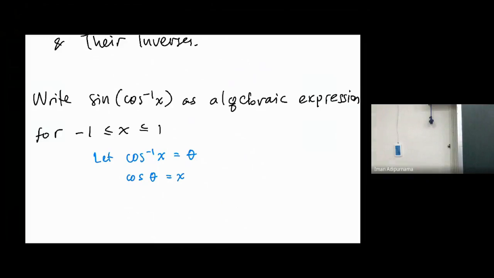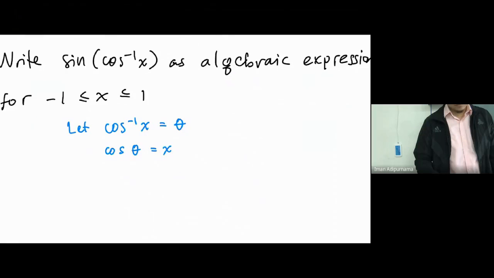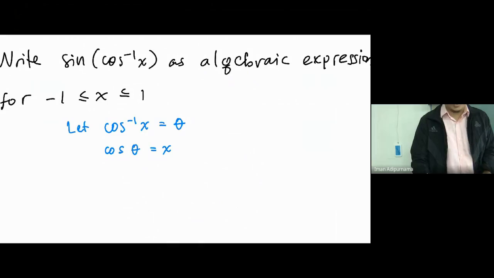That's the implication of the inverse. And then, as I mentioned many times in the calculus class also, draw the triangle.